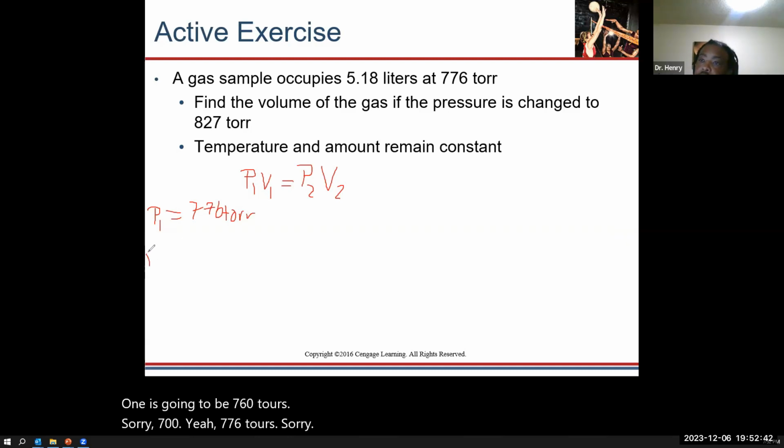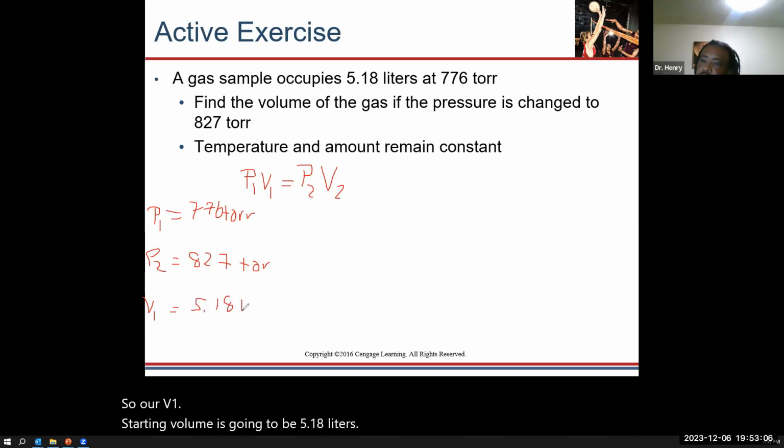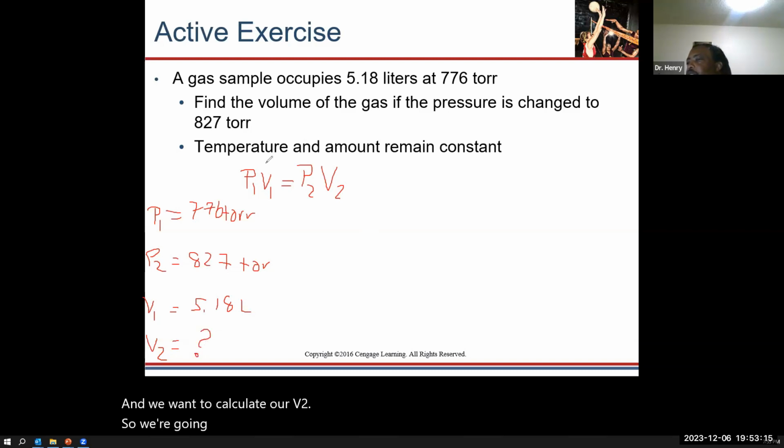And then our P2 is going to be 827 torr. Our V1, starting volume, is going to be 5.18 liters. And we want to calculate our V2. So we're going to solve our equation for V2.